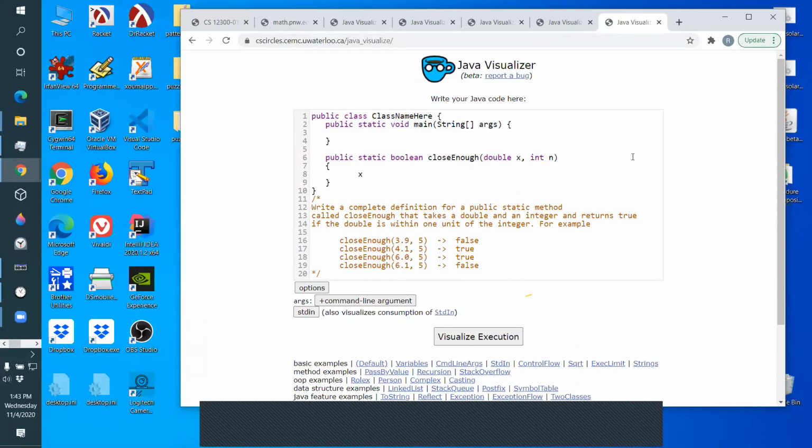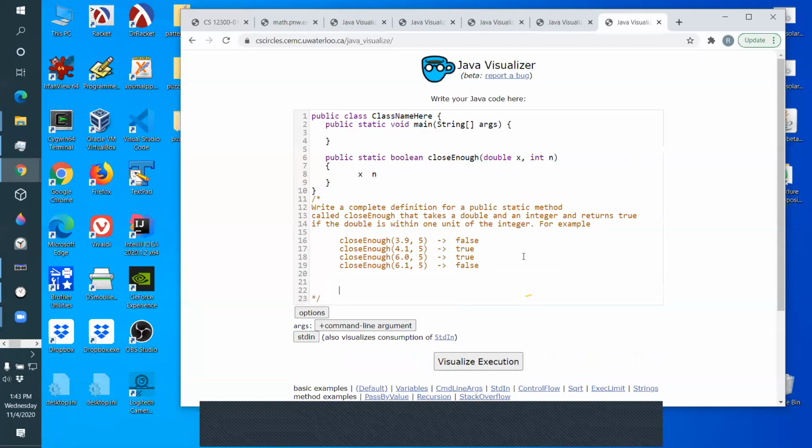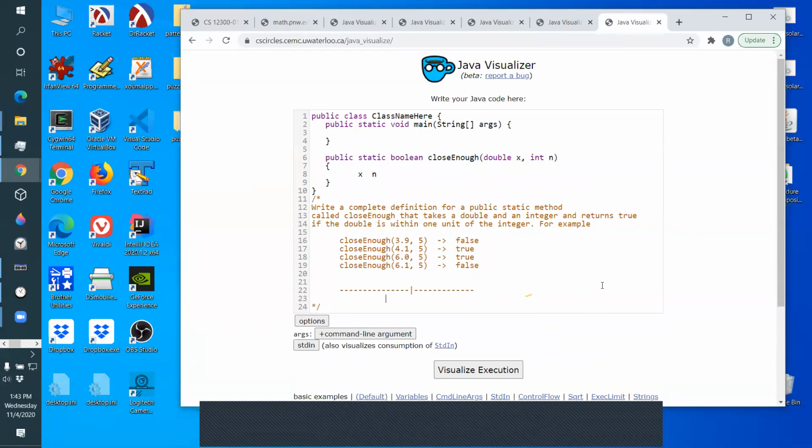Here's x, here's n. What kind of inequality says that x is between, okay, if you think of a number line, here's a number line. Here's n. Here's n plus 1.